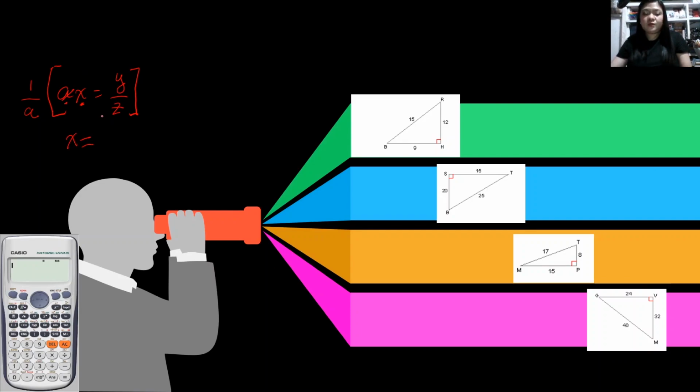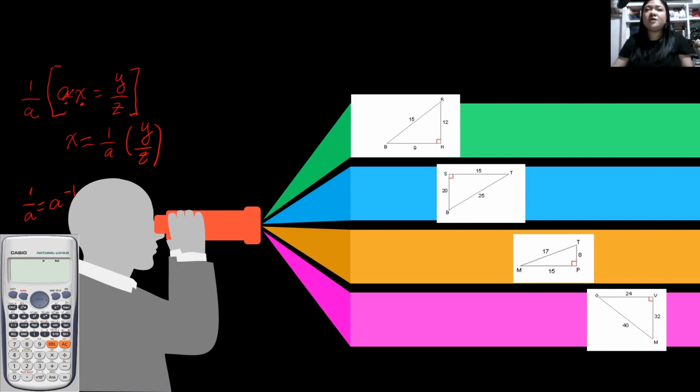Then multiply to the other side, we have 1 over A times Y over Z. Okay, when we discuss exponentiation, we know that 1 over A is equivalent to A raised to negative 1. We can multiply the equation by A raised to negative 1.